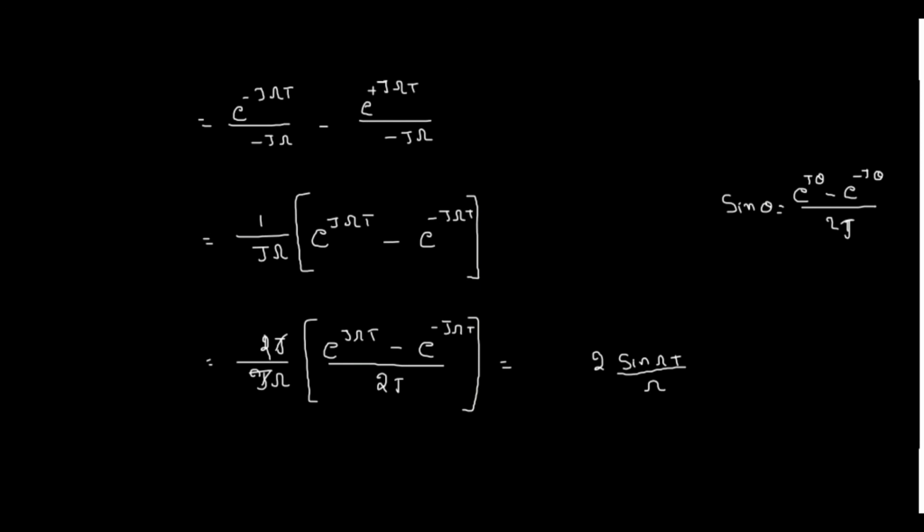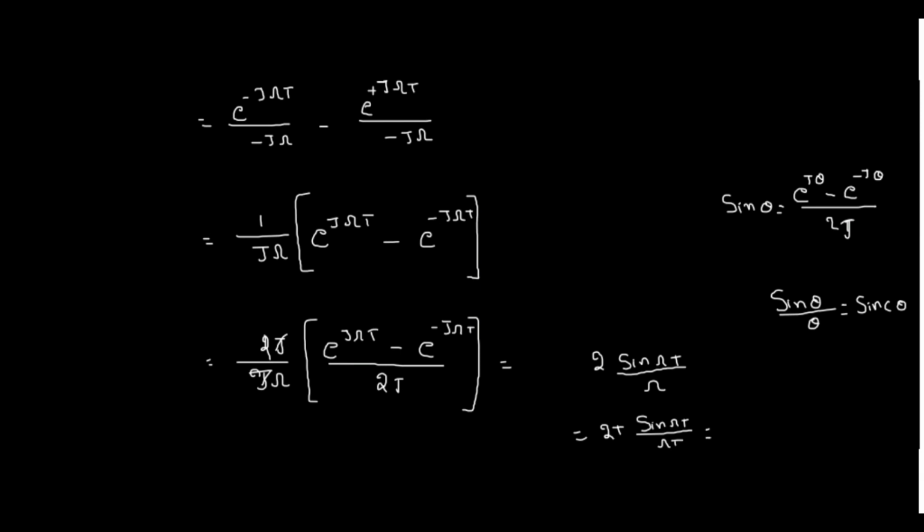We also know another equation: sine theta by theta is the sinc function, sinc theta. Here sine theta by theta is not there, so that's why I am writing sine omega T by omega T. That means I am dividing by T, so I also multiply by T. This is the sinc function.